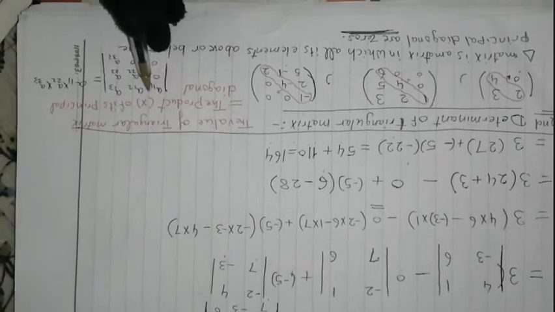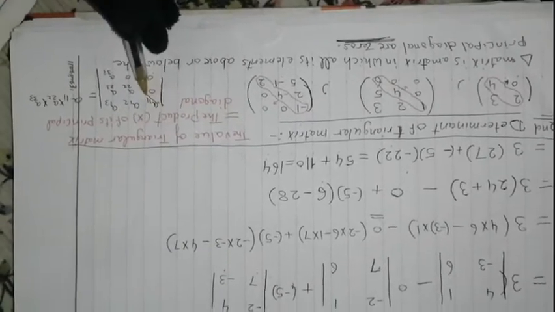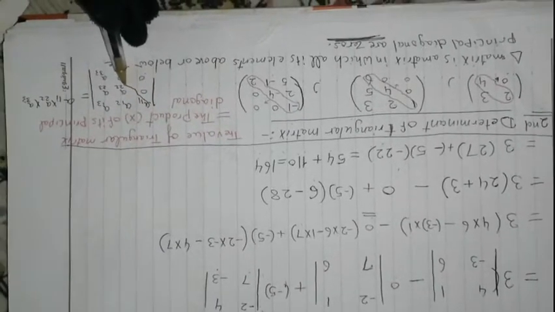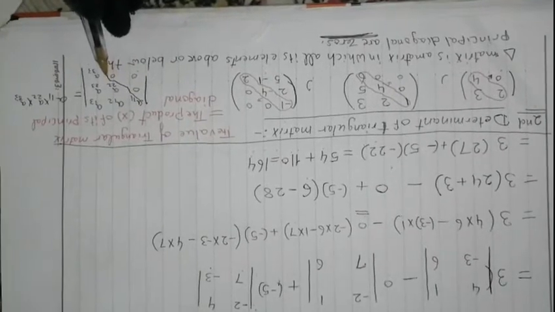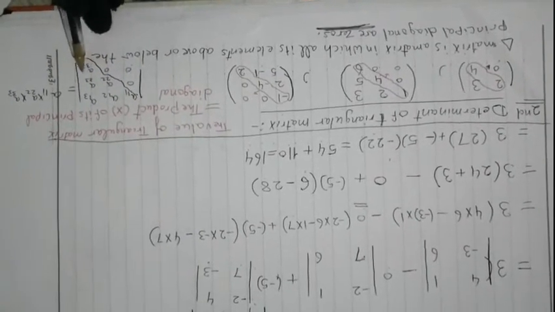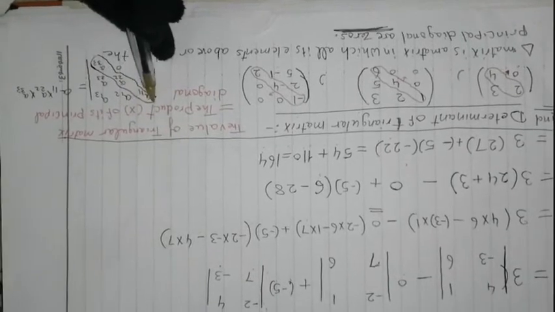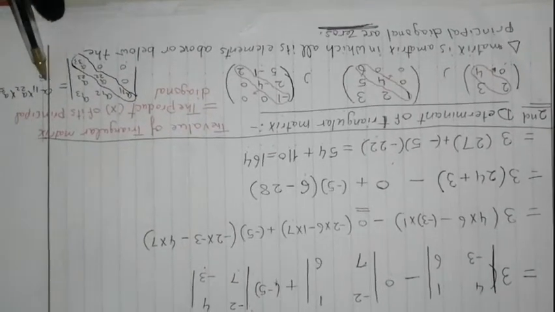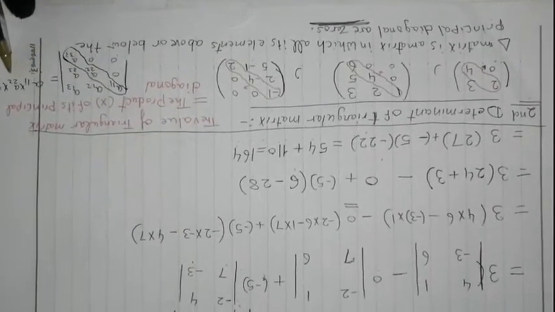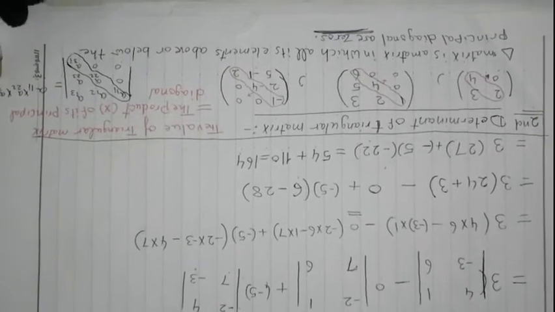What is the principal diagonal? The principal diagonal A11, A22, A33. Find the product A11 times A22 times A33.